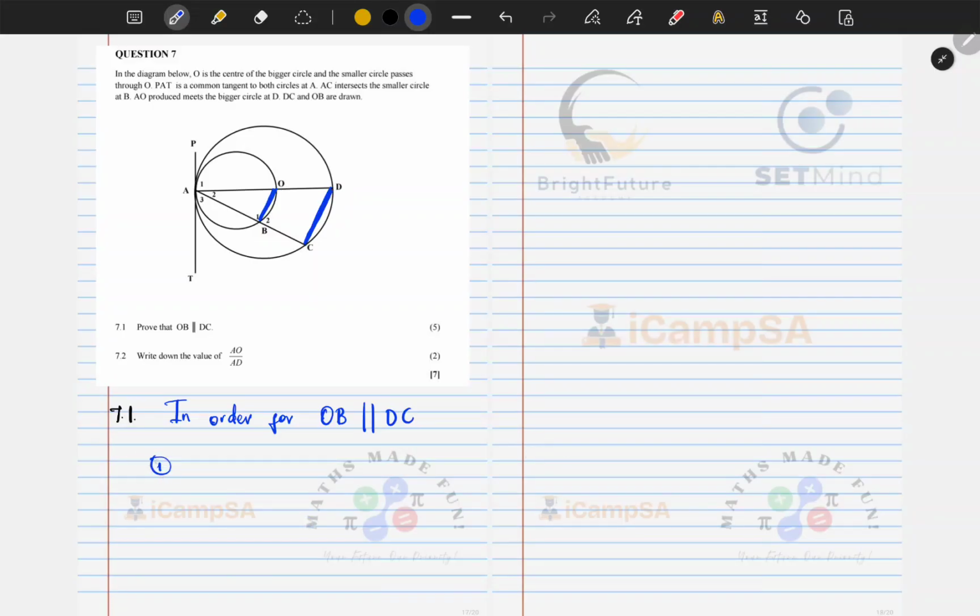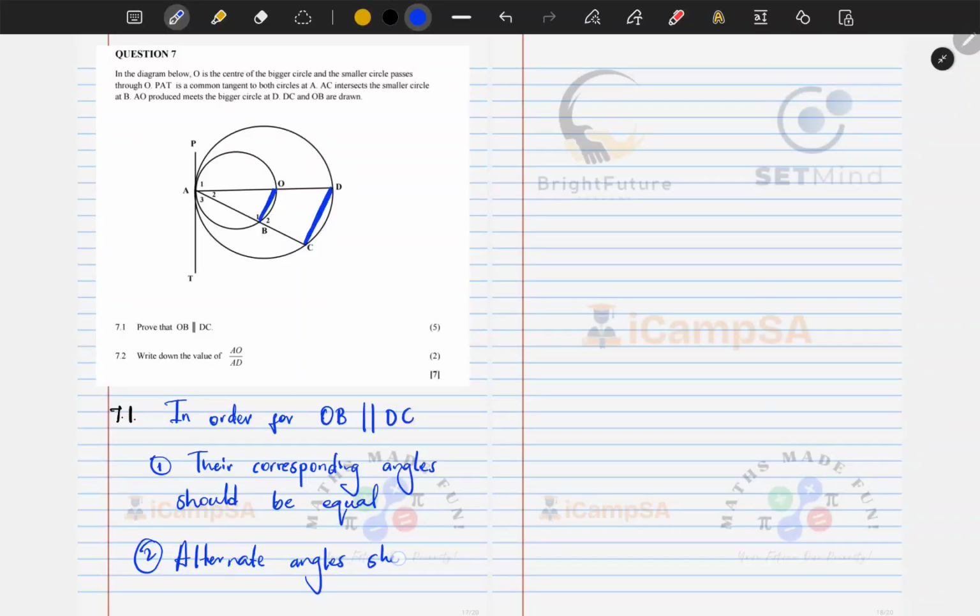the first condition is that their corresponding angles should be equal, and the other condition is that their alternate angles should be equal as well.